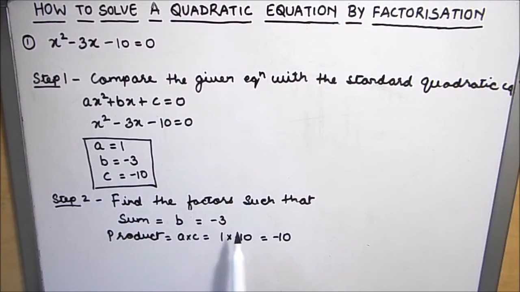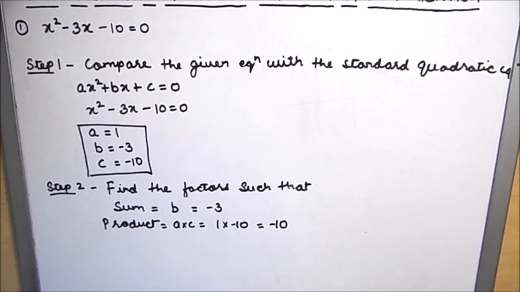So we have to find two numbers such that their sum is minus 3 and their product is minus 10. Here I am going to tell you a trick to find the two numbers.